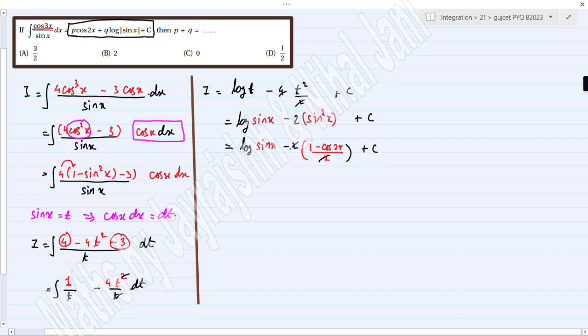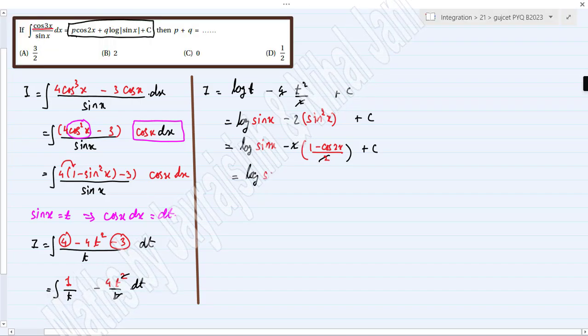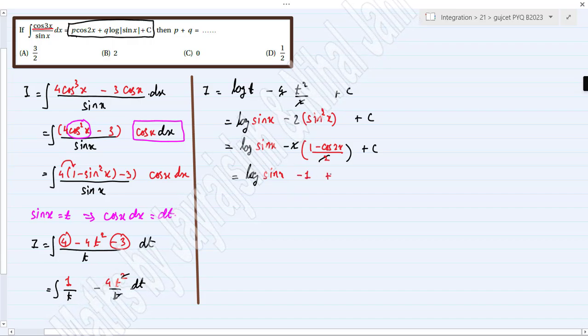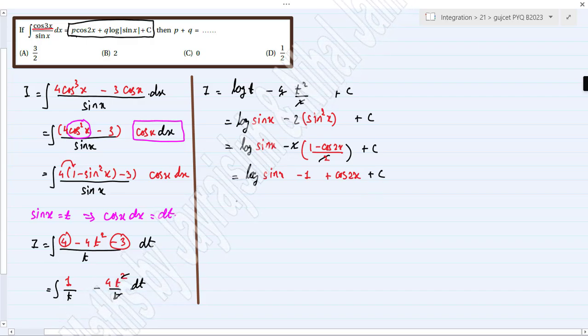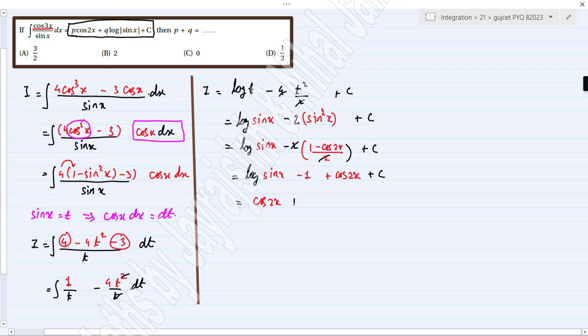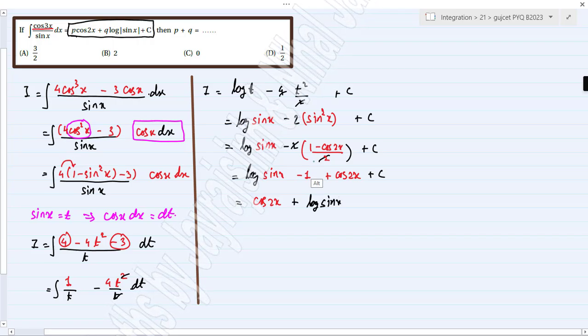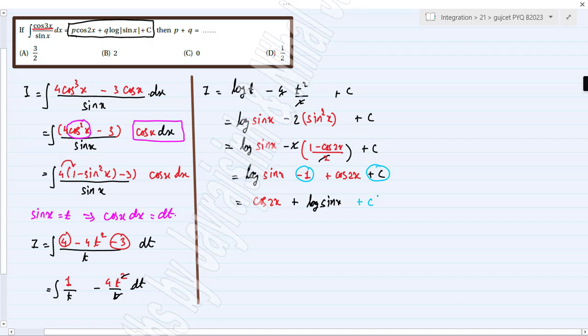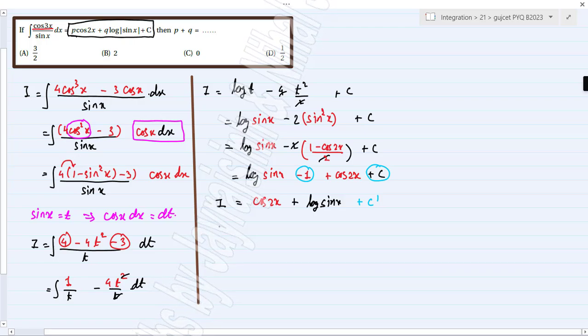Okay, so again this 2 will cancel out and we will get log sin x, open the bracket, we will get minus 1 plus cos 2x plus c. Now let's rearrange the terms. Let's say we have cos 2x plus log sin x, and this minus 1 plus c, constant plus constant will become another constant, right?